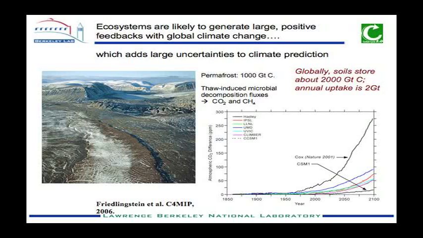Okay. One place that we're particularly worried about is high-latitude permafrost soils, which store somewhere between 700 and 1,000 gigatons of carbon at the moment. If the high latitudes warm, there's a possibility that as these permafrost areas defrost, there'll be a release of both CO2 and methane.